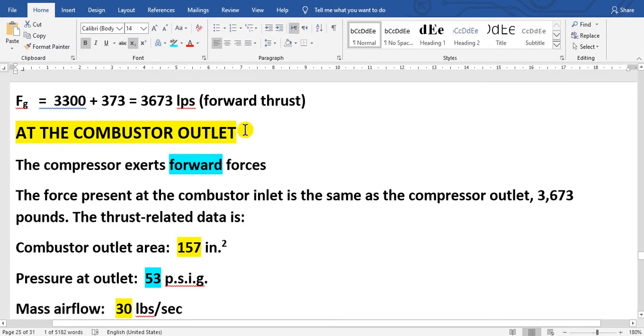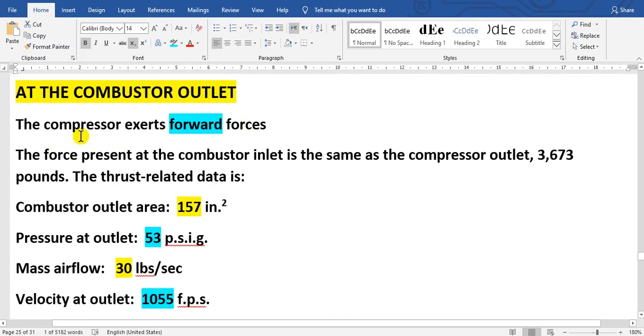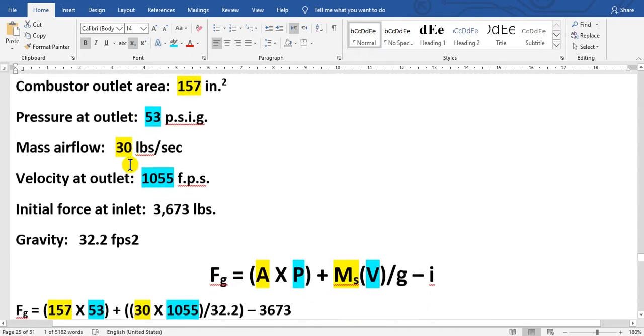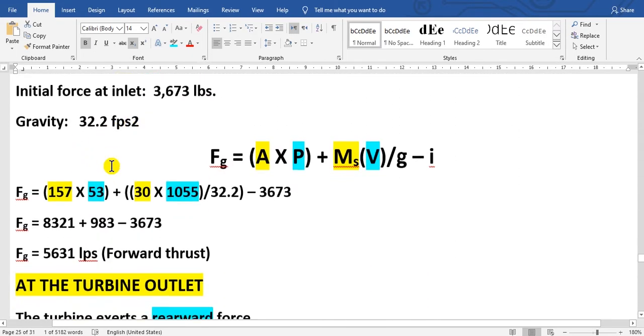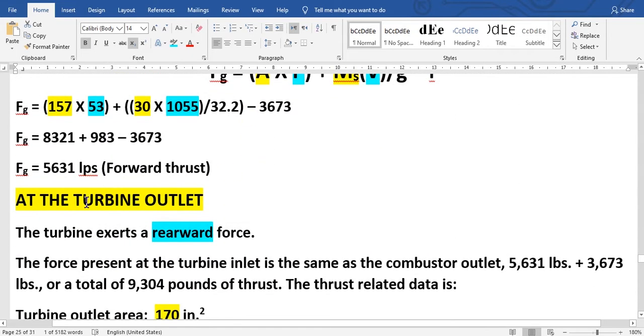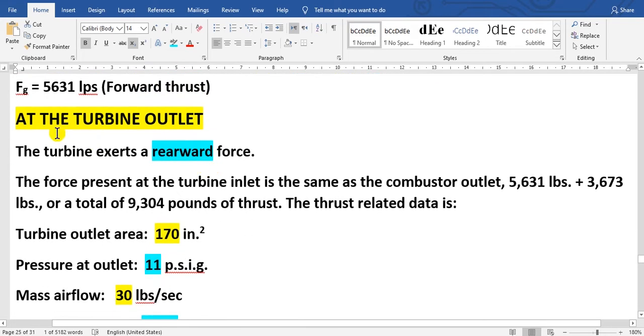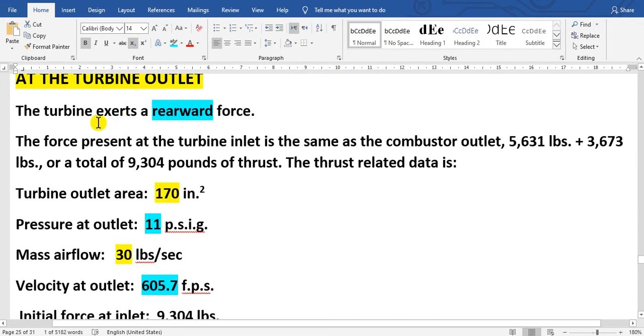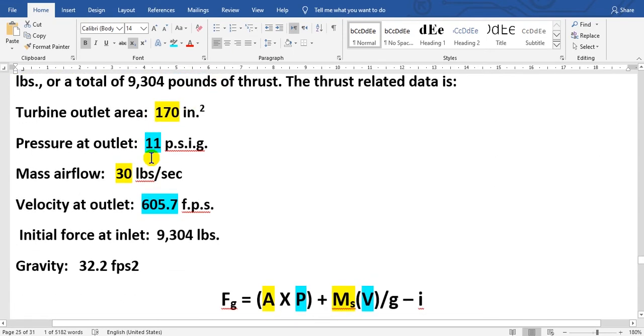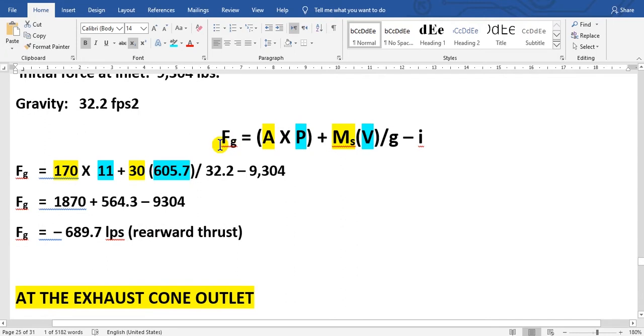At the combustor outlet, in another example, this is the data given and this is the calculation. Okay, you also get forward thrust. So the compressor and combustor give you forward thrust, while the turbine will give you rear thrust. Here, this is the data, this is the formula, and this is the calculation.